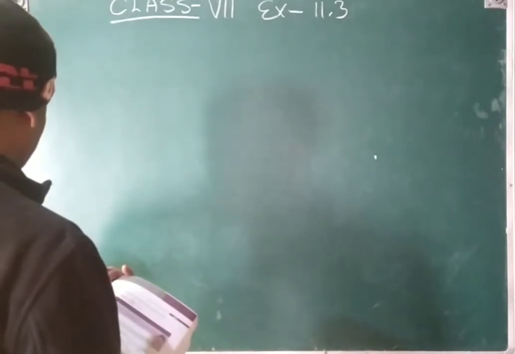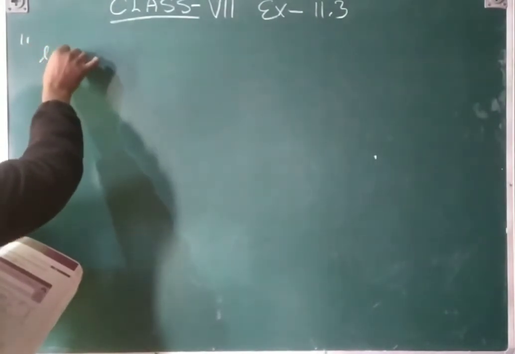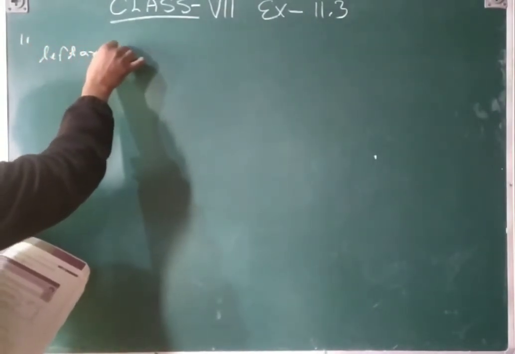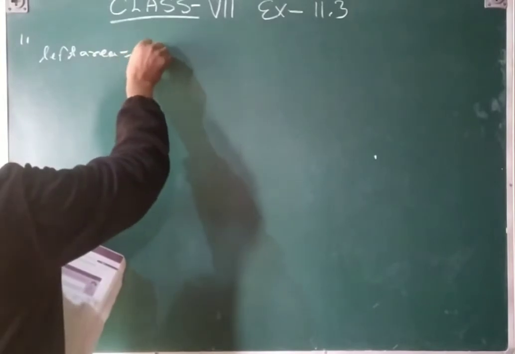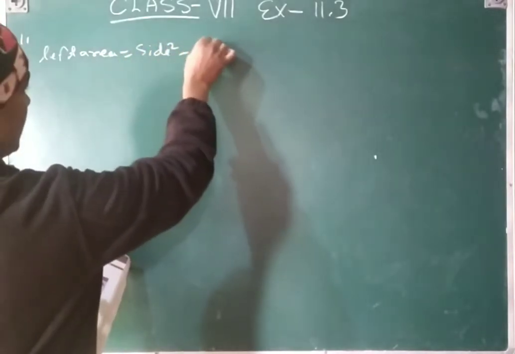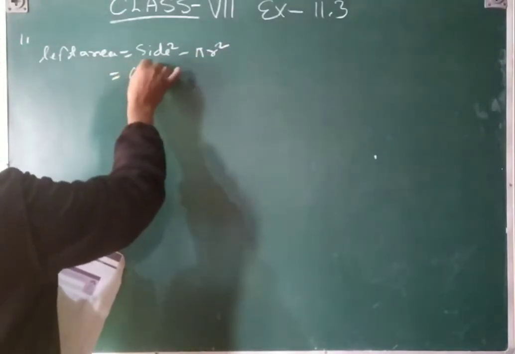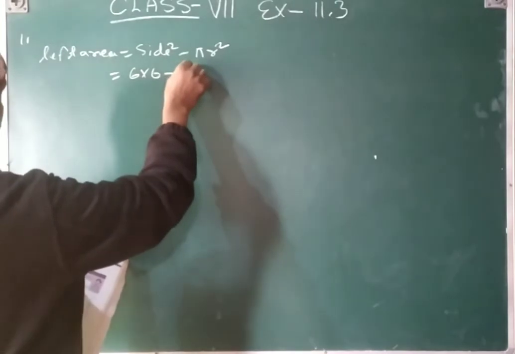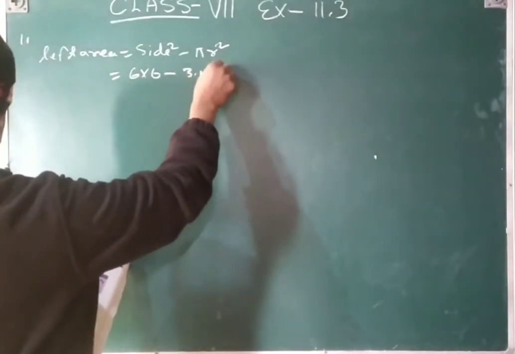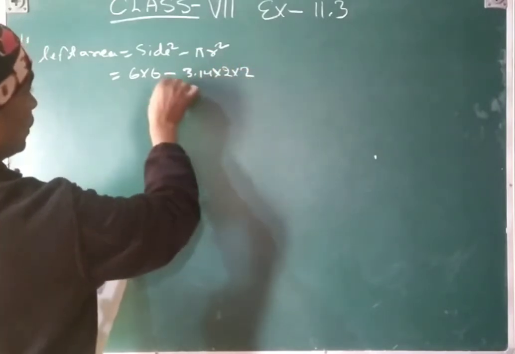What is the area of the left part? So the left area is equal to side square minus pi r square, so side is 6 into 6 minus pi value 3.14 into radius 2 into 2.